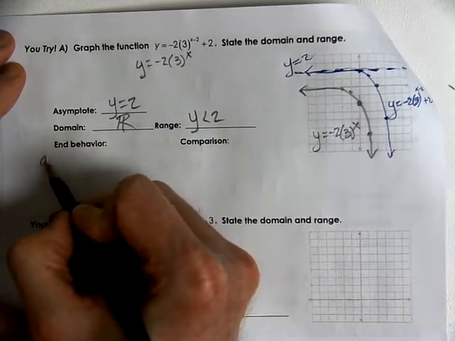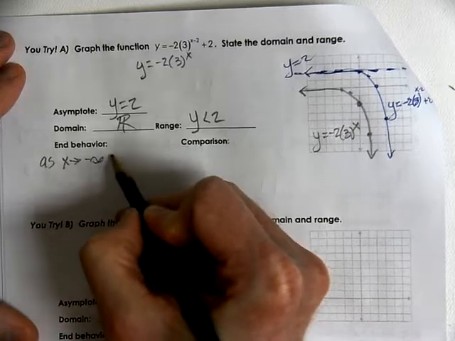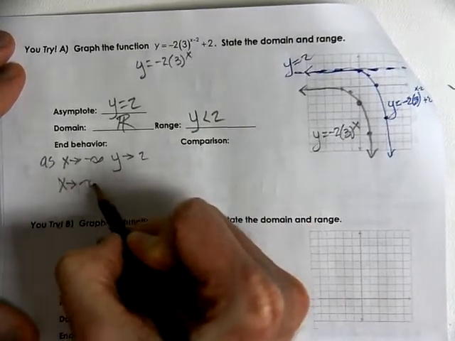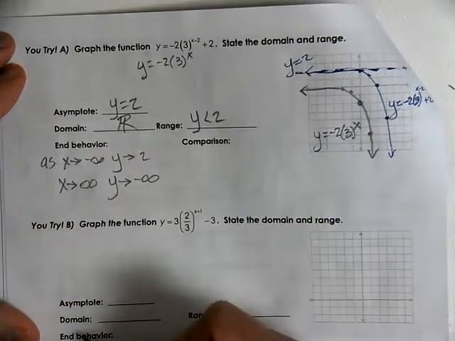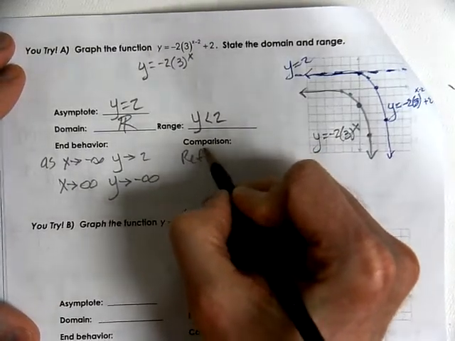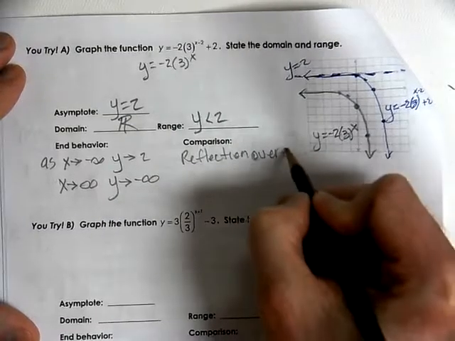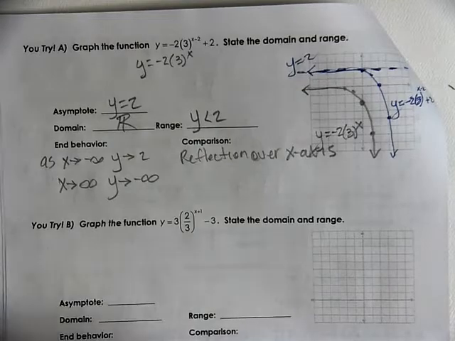So our end behavior, as x approaches negative infinity, the graph is going to approach 2. And as we move to the right, the graph is moving way down to negative infinity. We have a reflection over the x-axis.